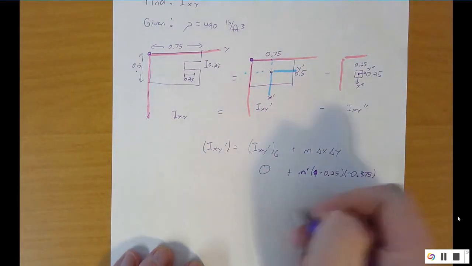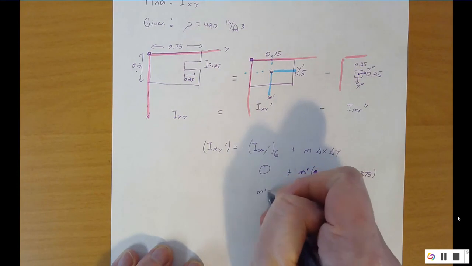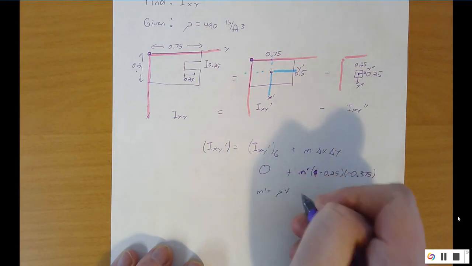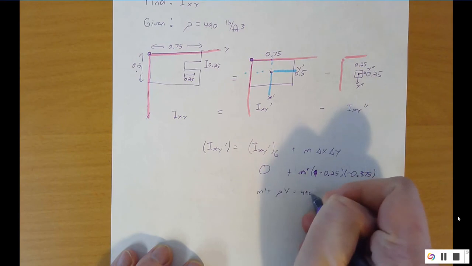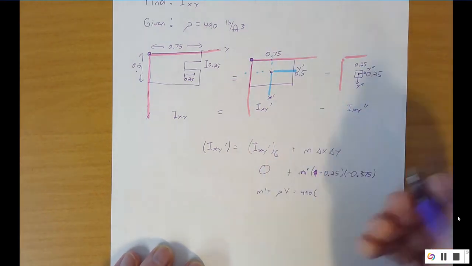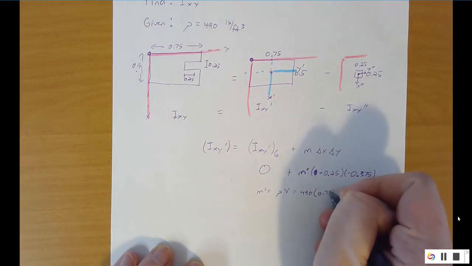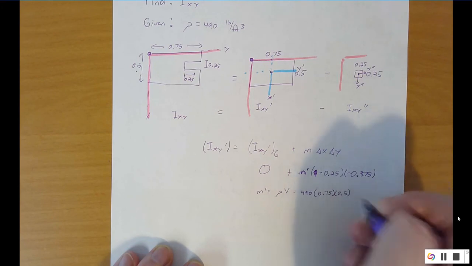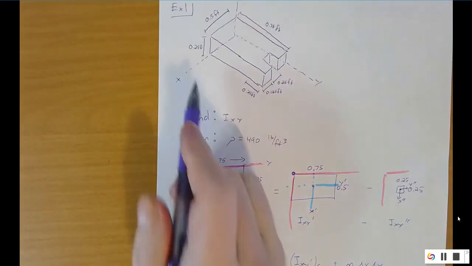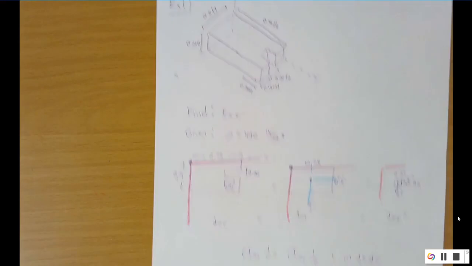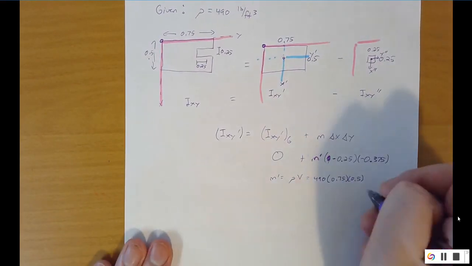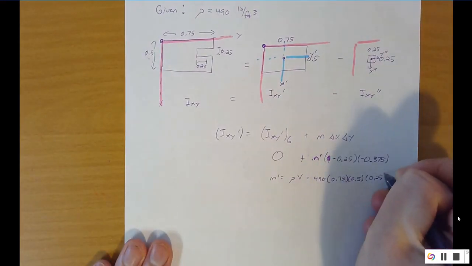So let's find that mass prime. It's going to be rho times v. Rho is 490. The volume is just base, width, height. So it is 0.75, 0.5, and then it is 0.25 tall. Let me throw that in a calculator.